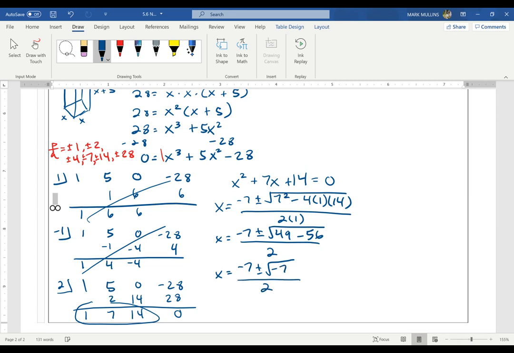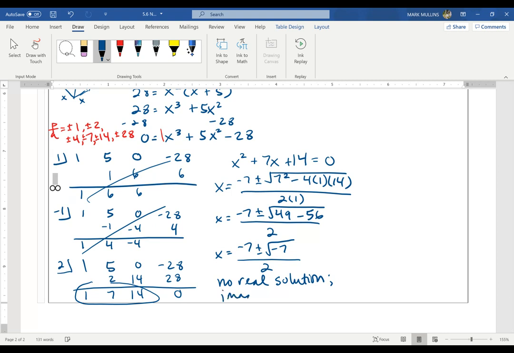So there is no real solution, which I could still get an answer, but I am looking for a real life prism. So imaginary numbers will not work for this. They will not work for a prism. And so the only 0 we found was a 2, so x must just equal 2.